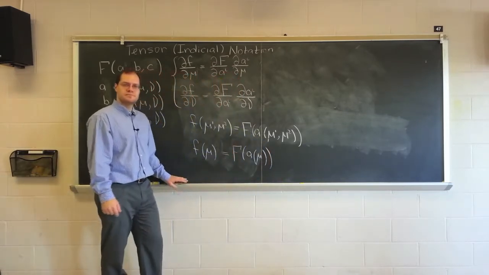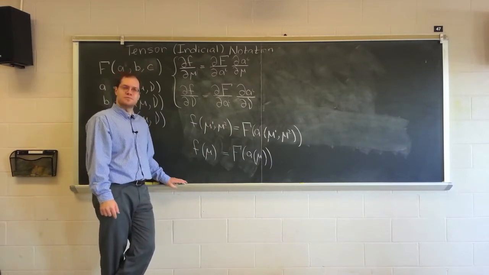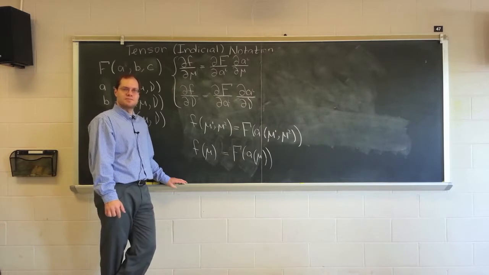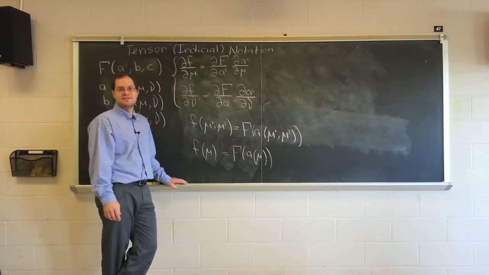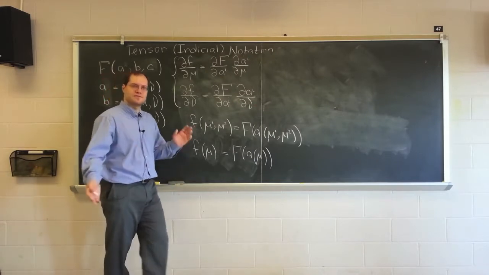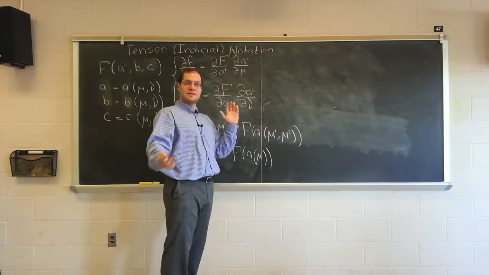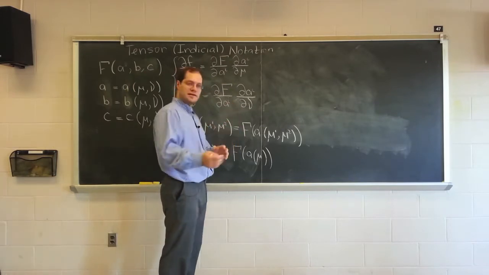Yes? Just given that last statement, how do you know how many a's and how many mu's? You have to know from the setup of the problem. Okay. The problem will dictate. If you're in 3 dimensions, it's 3. If you're in a surface, it's 2. If it's the interplay of surfaces and ambient spaces, then one is 3, the other one is 2.